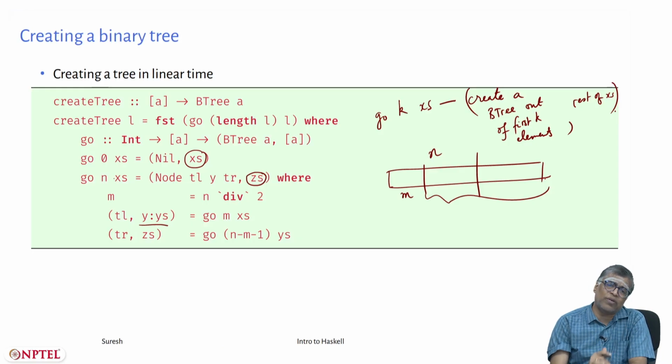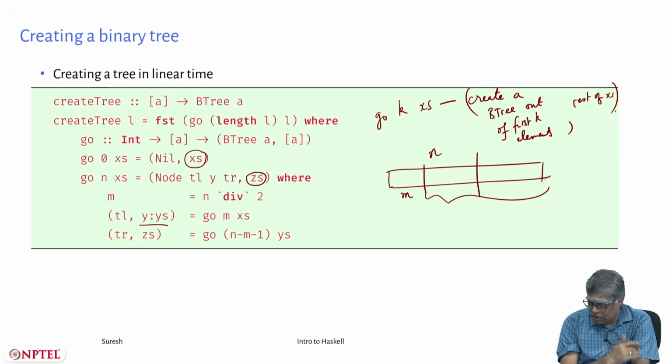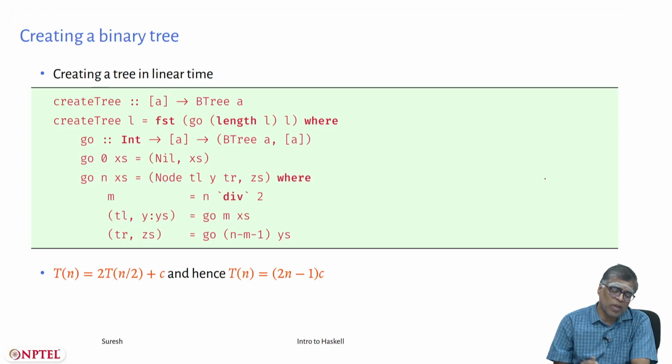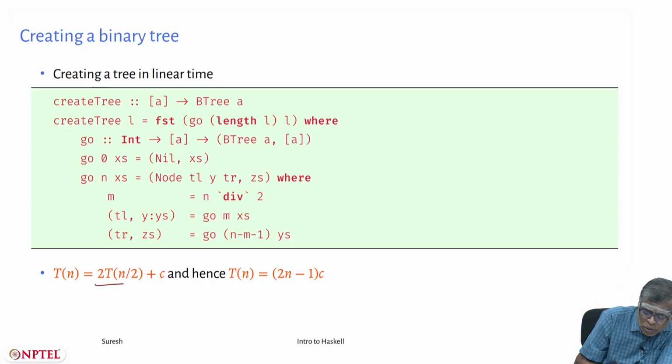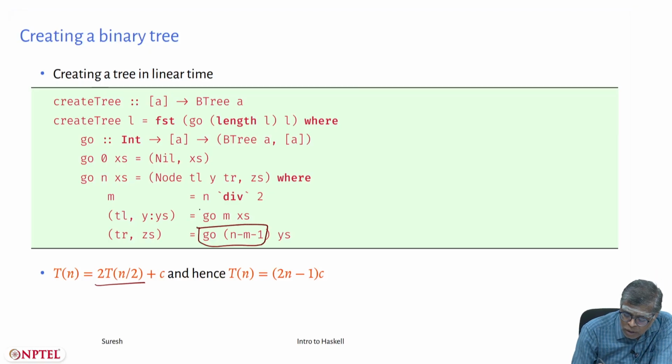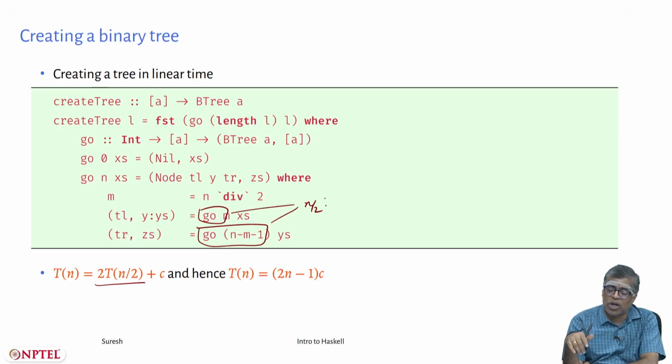It is also intuitive, even though I tried to go through a rigorous derivation of this program. Okay, so what is the time complexity now? Time complexity is T(n) = 2T(n/2) + c, because I have to do go of m and go n minus m minus 1. These are both approximately n by 2. So I have two recursive calls, and that is it.